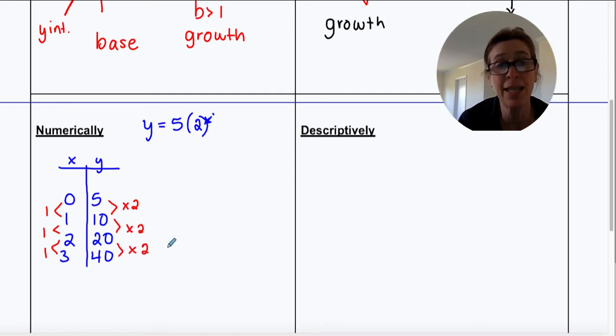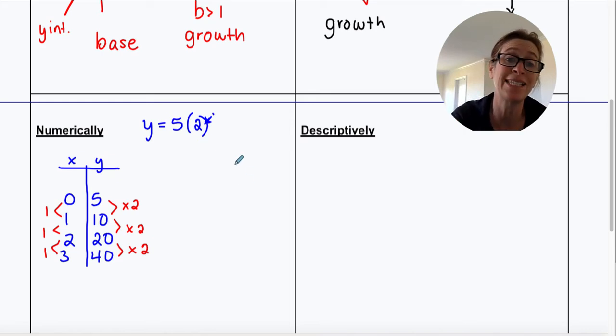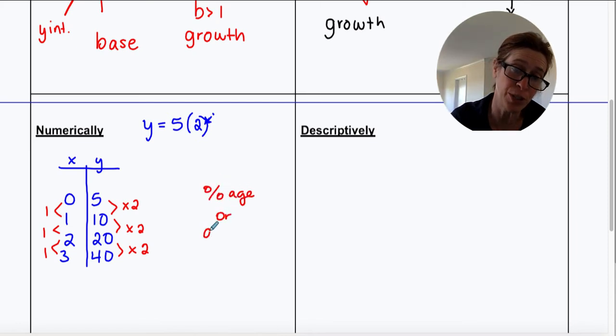That's because in an exponential function, the rate of change is not constant. The rate of change is a percentage or a ratio between terms, a common ratio between terms.